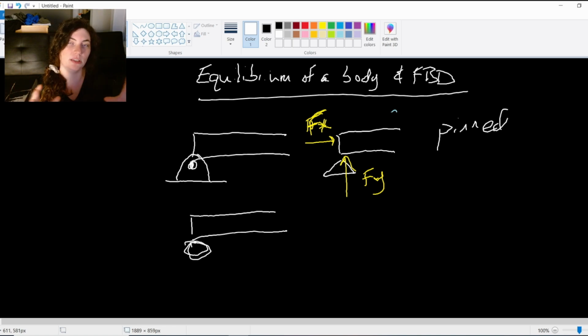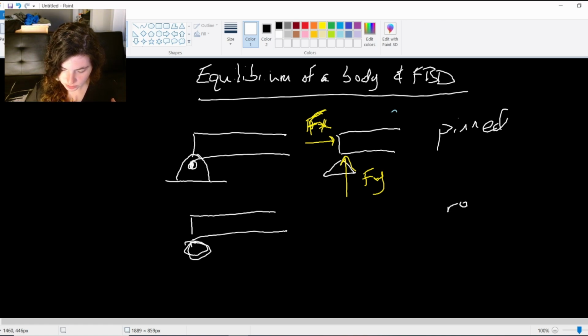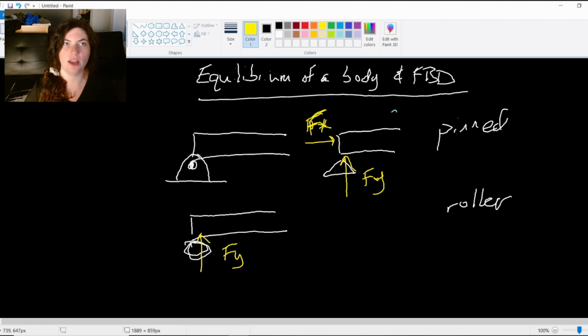The bridge has the ability to move a little bit so that it doesn't just break. So this is a roller connection. We could call this a roller. And the reaction that we see here is only the y force, right? It's not fixed in any way. We only see the normal force from the roller acting up on the beam. And then finally, we have what we call a fixed connection.